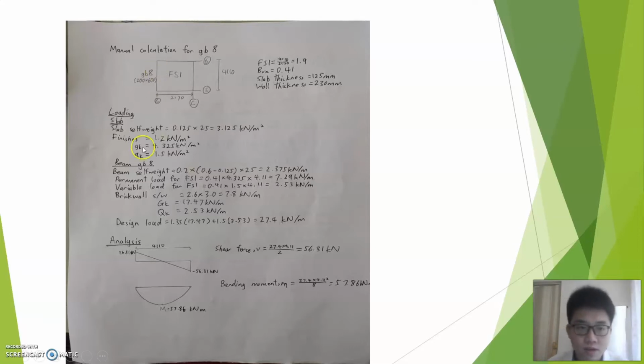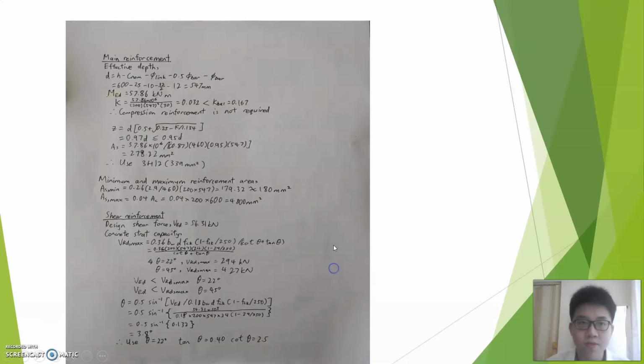Then we find the beta vx: Ly over Lx is 1.9, which is lower than 2, so we can calculate the Gk, and we get the design load of 27.4 kilonewton per meter. The shear force is 56.31, and the moment is 57.86.